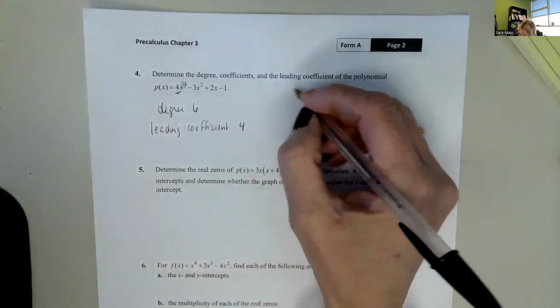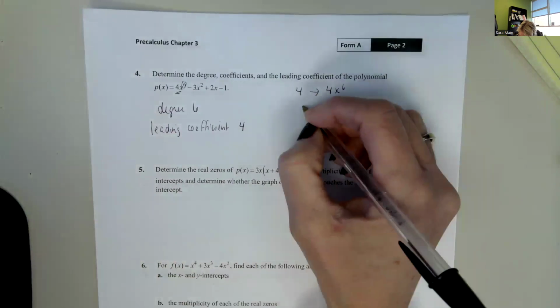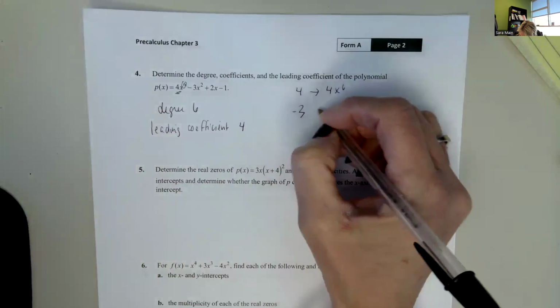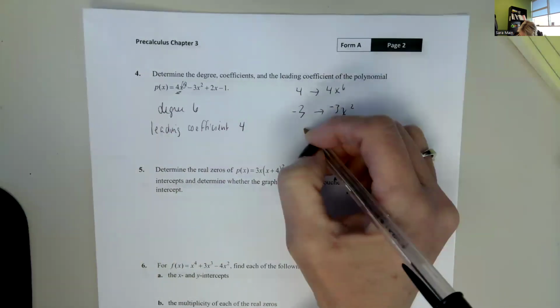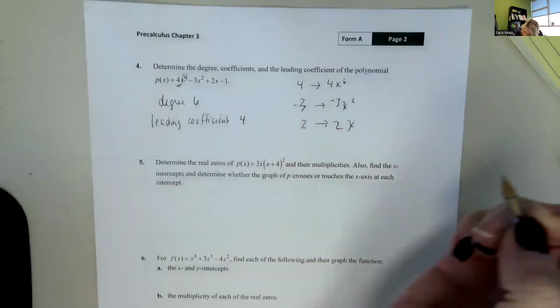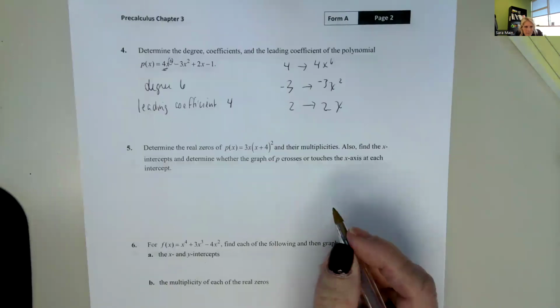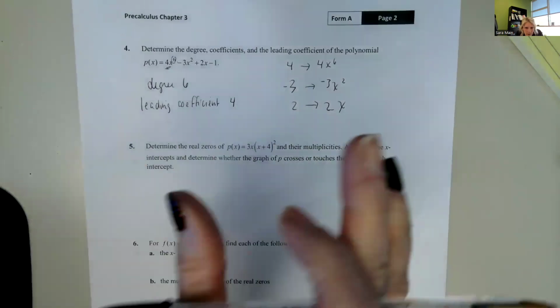Then 4 is the coefficient on 4x to the 6th, -3 is the coefficient on -3x squared, and 2 is the coefficient on 2x. Coefficient, co means with, so it's the number that goes with the variables.